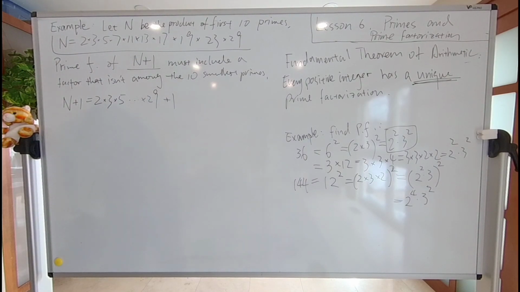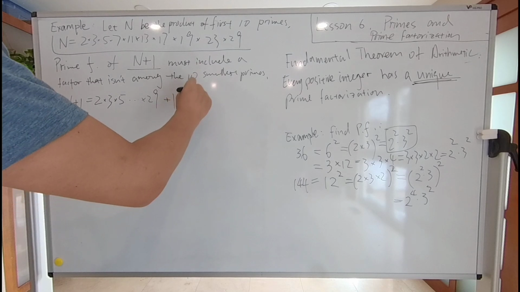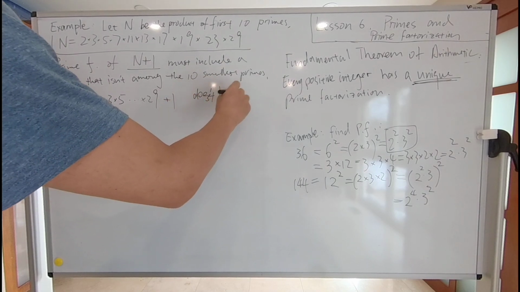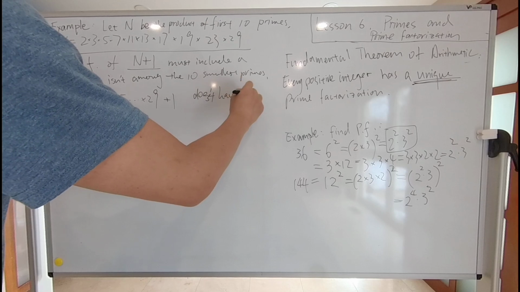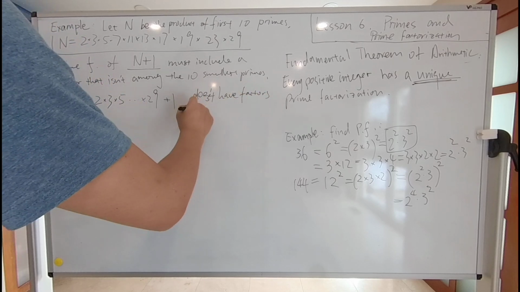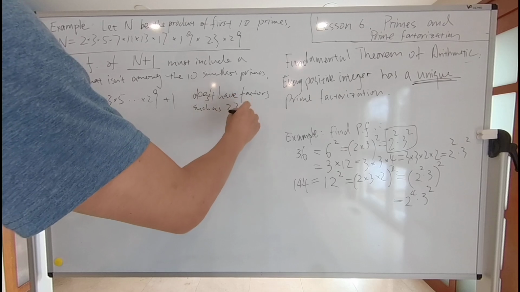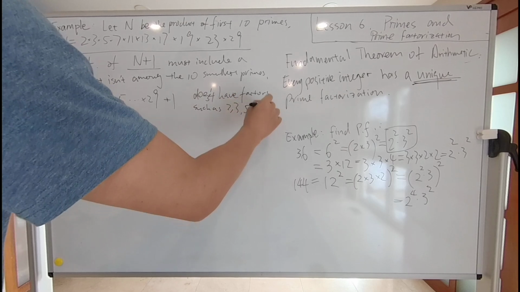We can try a couple examples before we prove that. For example, we claim that this number n plus 1 doesn't have factors such as 2, 3, 5 to 29.